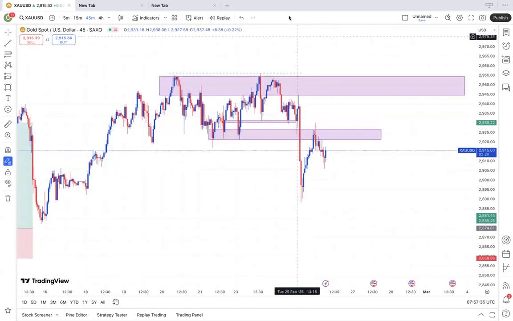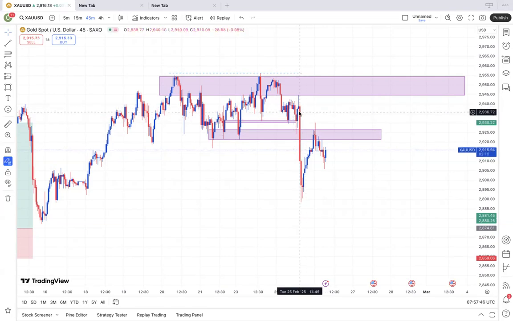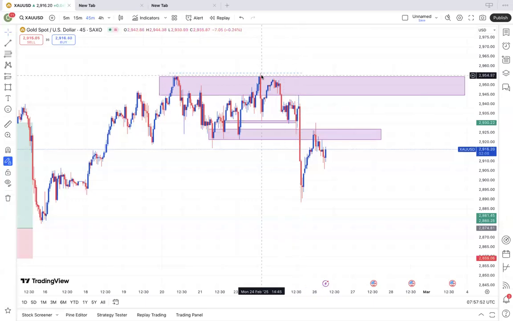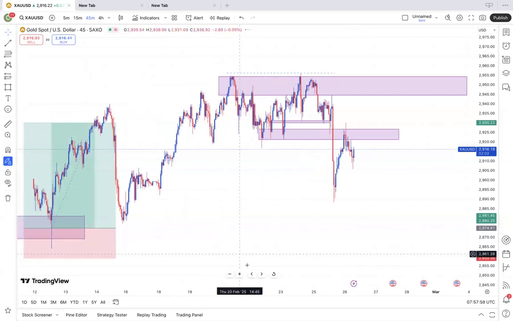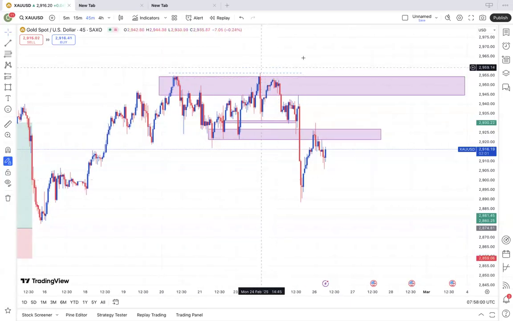I can look at the 29-23 region for possibilities of sales. Aside from that, you can look at zones around 29-35 also for sell opportunities. But if you have a break around 29.54, that's going to show continuation of the buy pattern. And that's just it for gold. So for me, I'm looking at sell opportunities, but if you have a break above that high, continuation of the buy patterns.